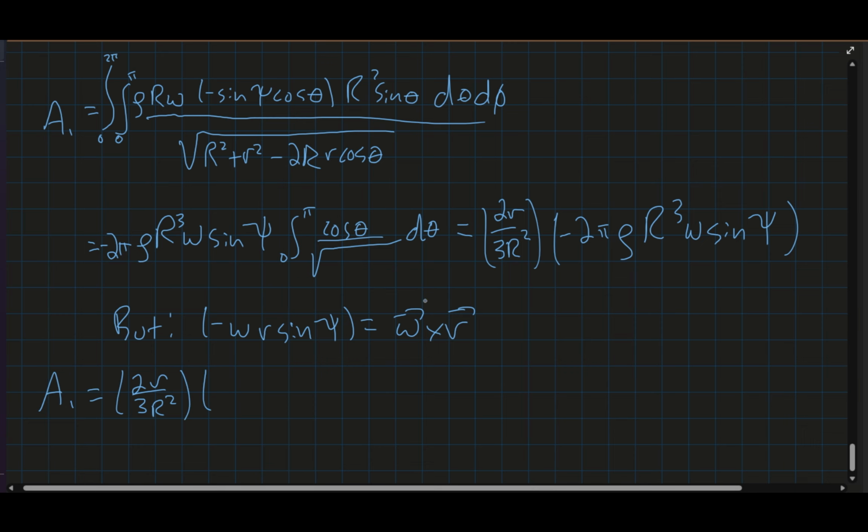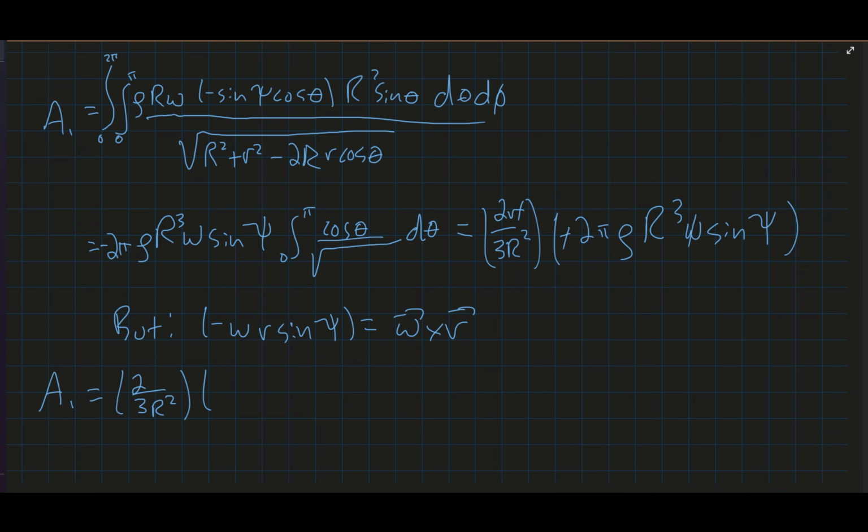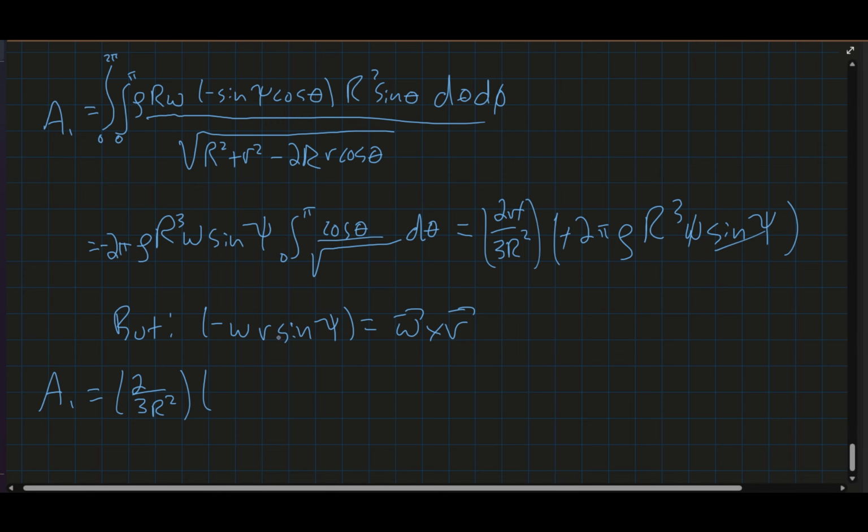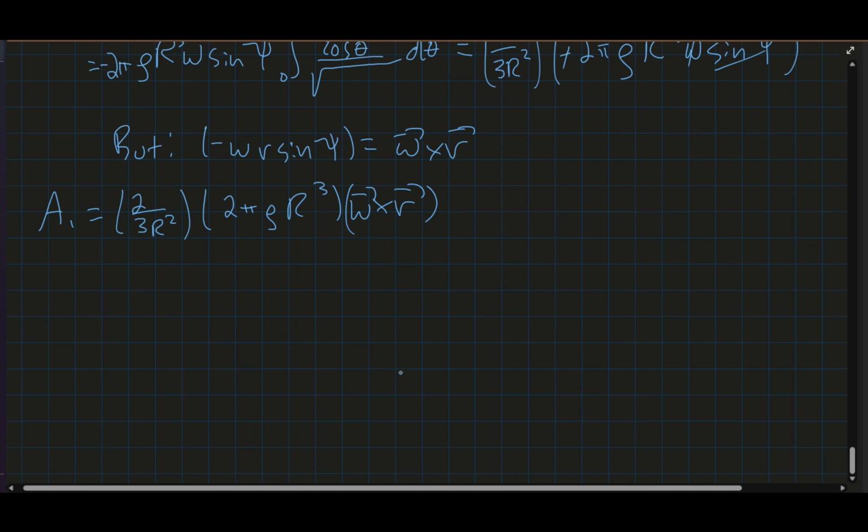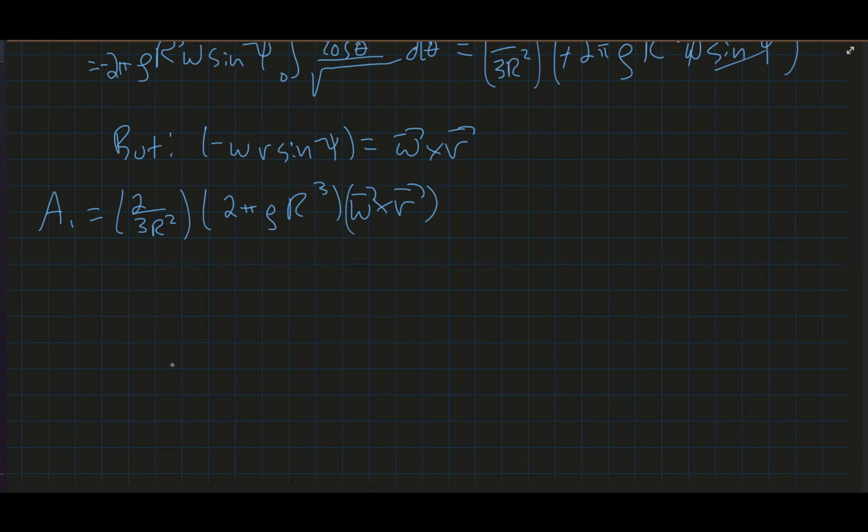And then we'll get rid of the minus sign, the omega, oh, I guess the r, so I'll erase that, and sine phi. Okay, so we're left with 2 pi rho r cubed, and then we get omega cross r. So we can cancel some things out.